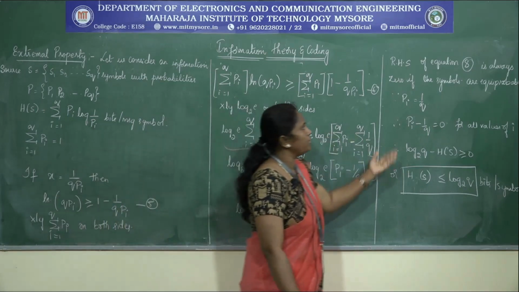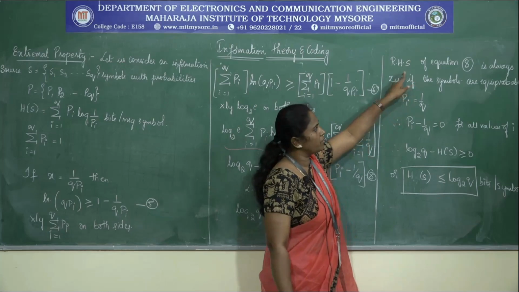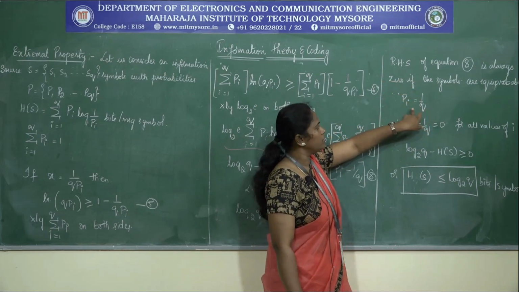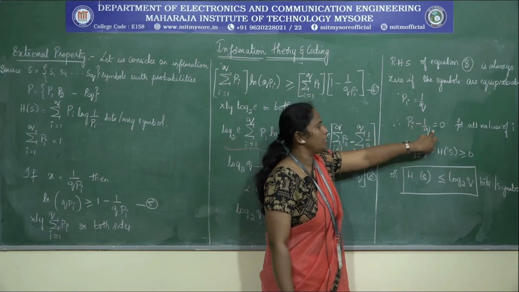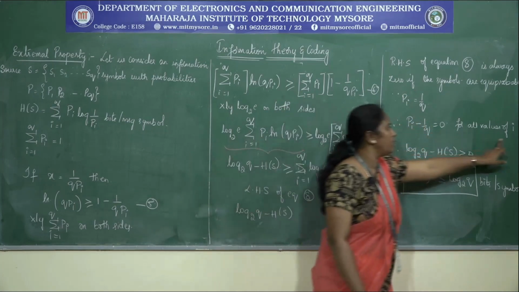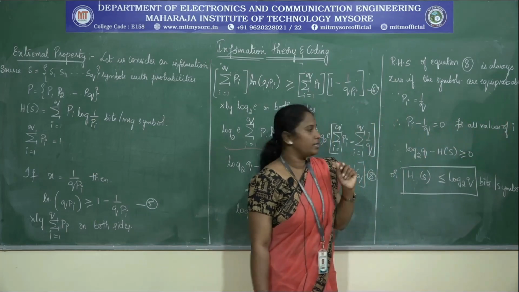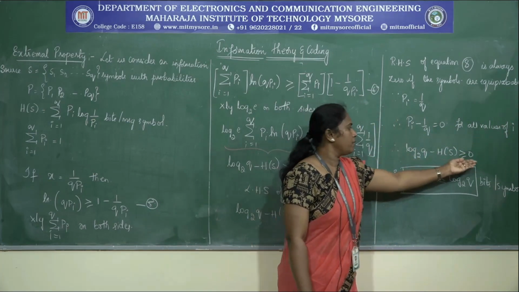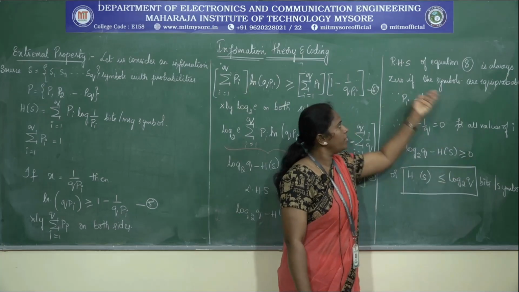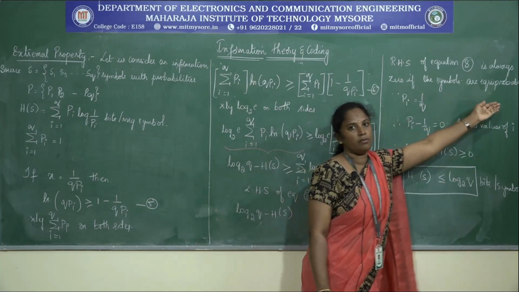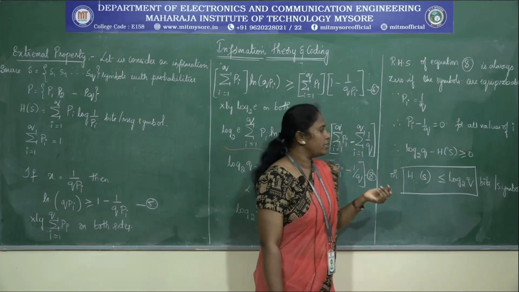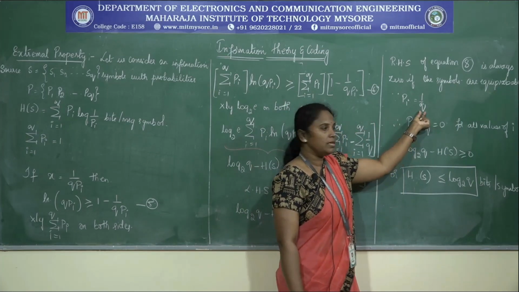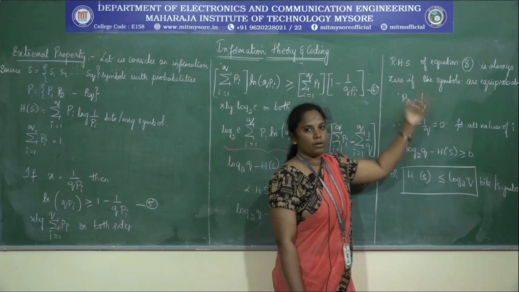Now what should be the RHS value of equation 8? The RHS value, pi minus 1 by q, will be equal to 0 for all values of i, which means the upper bound value will be greater than or equal to 0 only when all the symbols are equiprobable, where the symbols we have considered are q number of symbols.